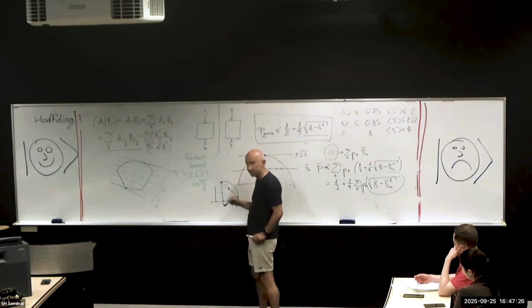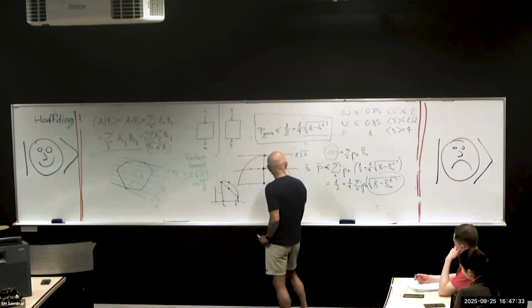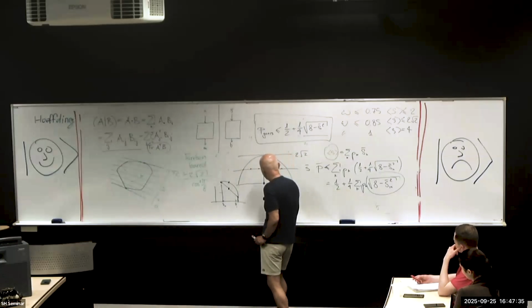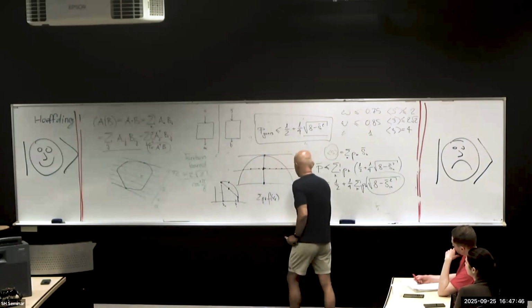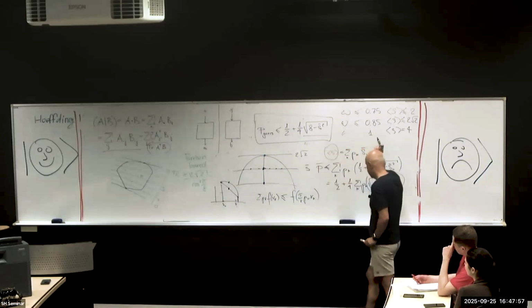But the value of the function, in fact, you're better off when you're here. So in other words, the concavity of this implies, if you have a concave function, then the sum of P sub k f of x sub k is always less than f of the sum over k of P sub k x sub k. So that's the definition of concavity.